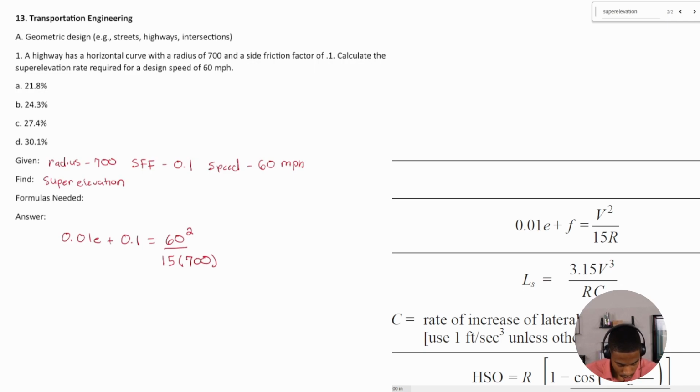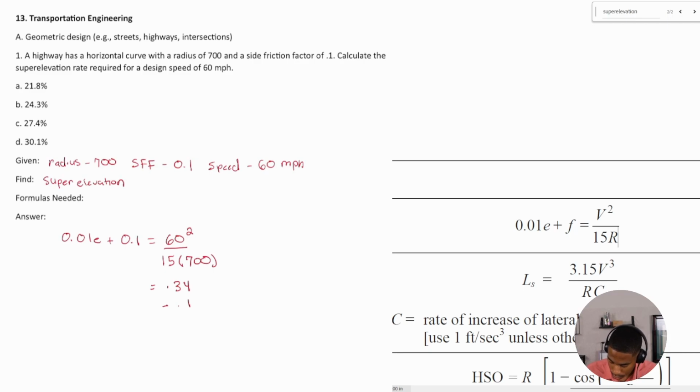So what's 60 squared divided by 15 times 700? I get 0.34, minus 0.1, divide that by 0.01.